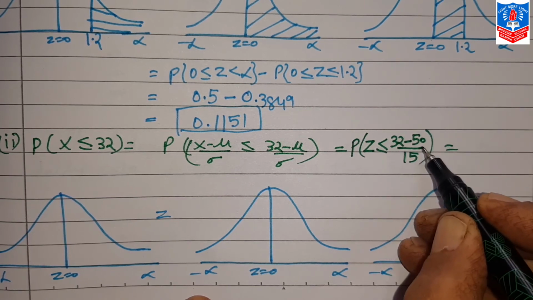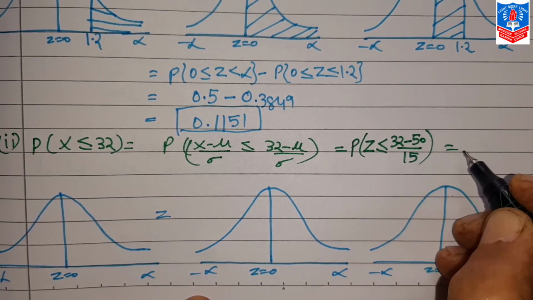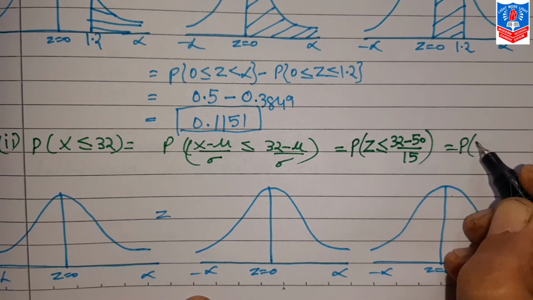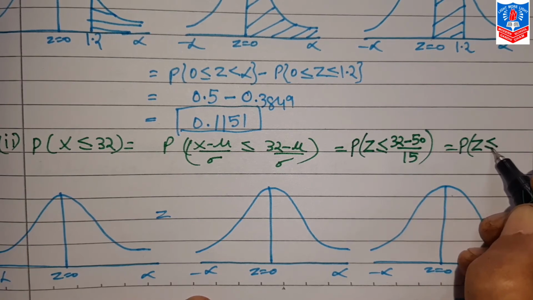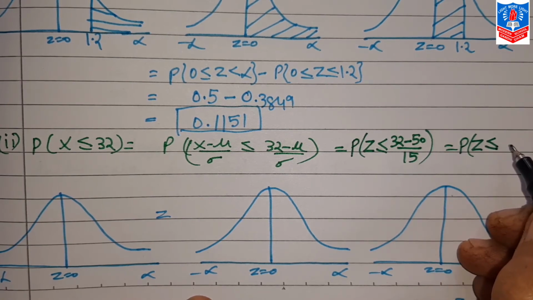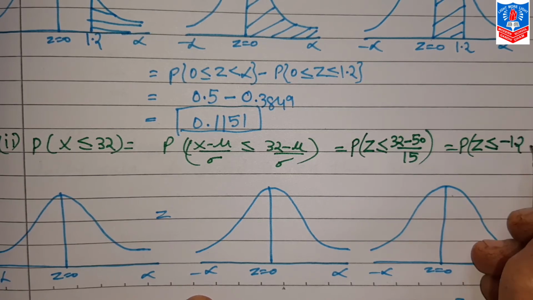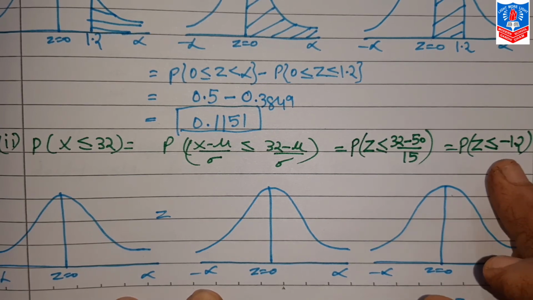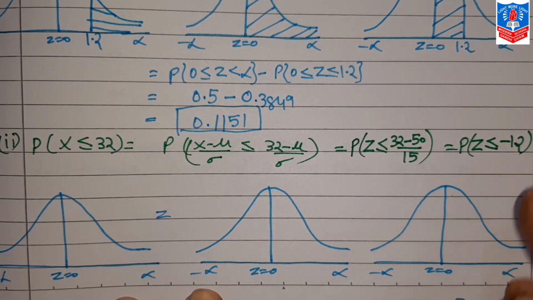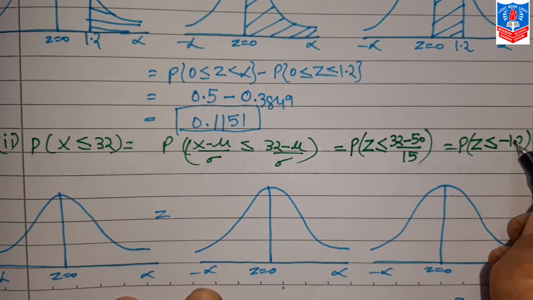So 32 minus 50 divided by 15, what we get is the value of Z less than or equal to minus 1.2. So here it's less than or equal to minus 1.2.